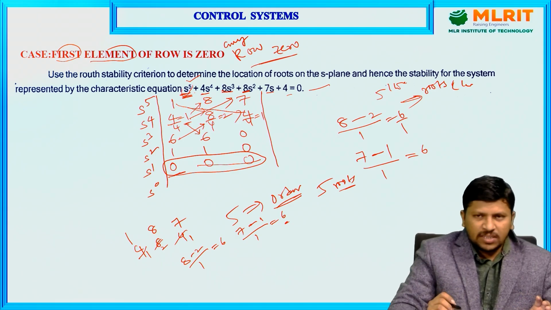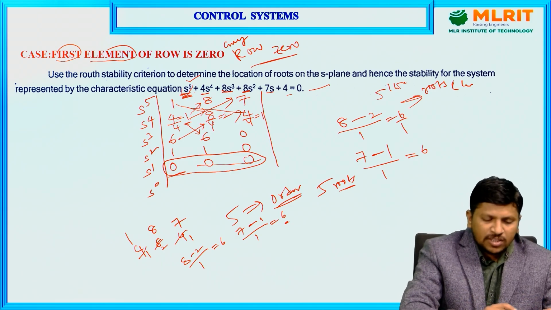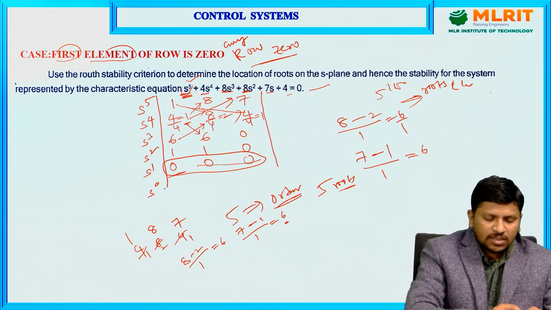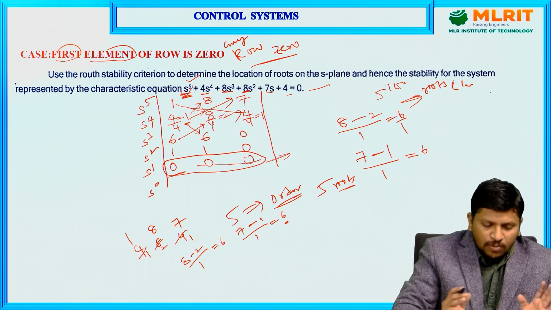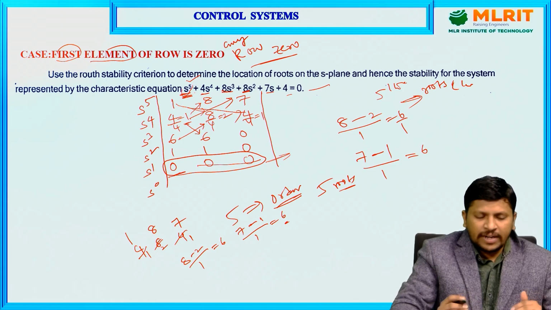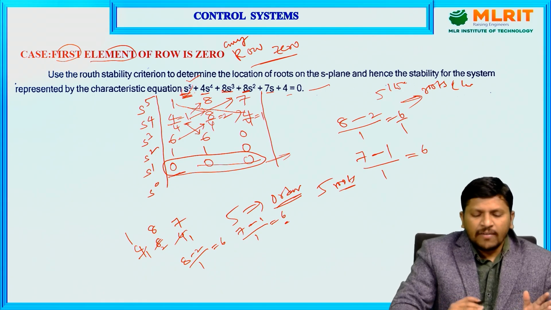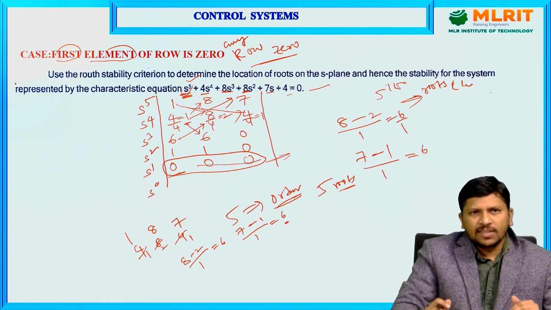That is two conditions. So first element 0 or any complete row going to be 0. So this is to arrange the array matrix. For that we are going to use some special cases.